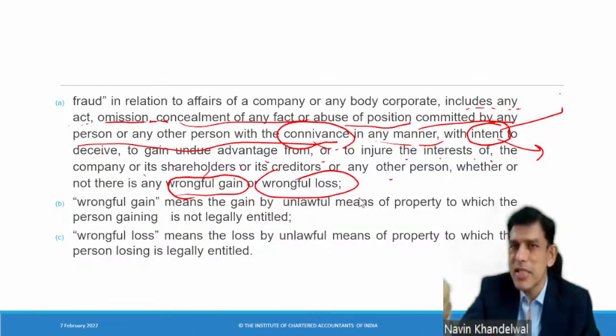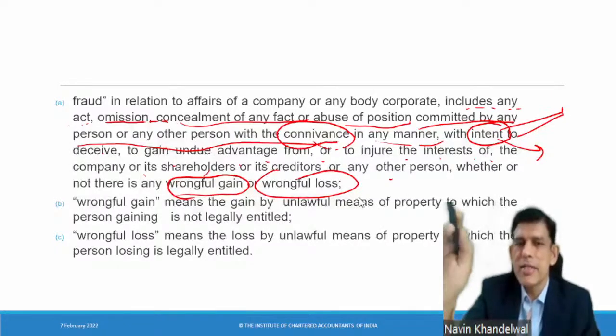And you know these transactions are incurring a loss, and each year you keep on doing that transaction and the loss keeps on increasing, which shows that you are doing an act and there's an intent for some wrongful gain or wrongful loss.